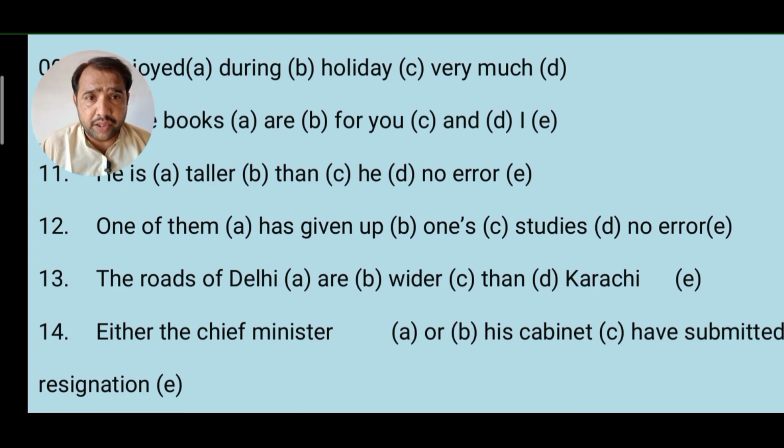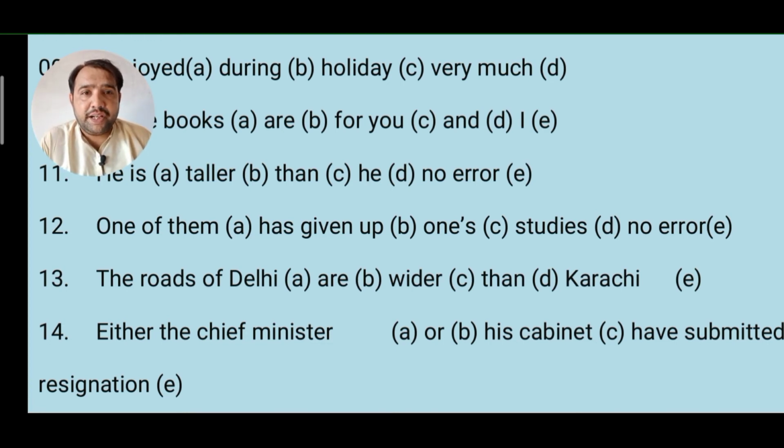According to its first part, which is a distributive pronoun, here it agrees with the singular verb. Here in the second part you will notice that we have added a singular verb, but we have to agree it with a possessive pronoun which should be according to one of them, not one. So here we have to say one of them has given up his studies.